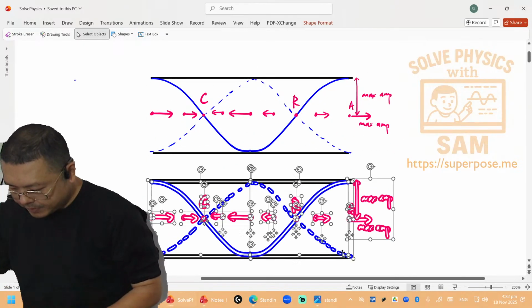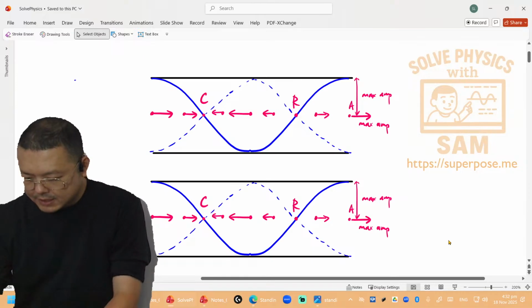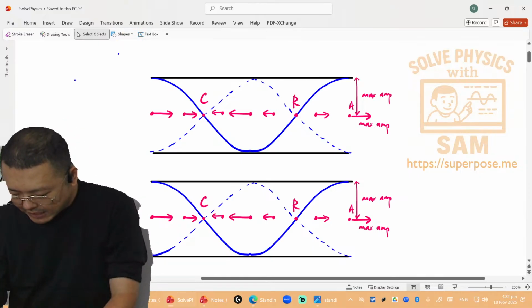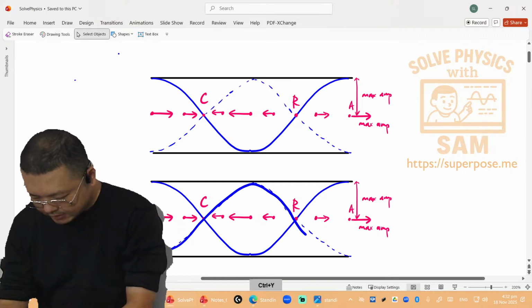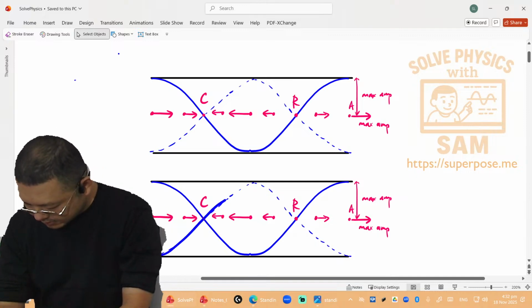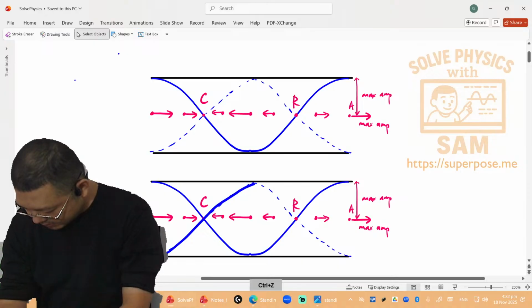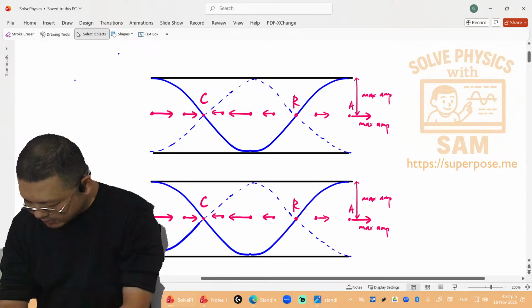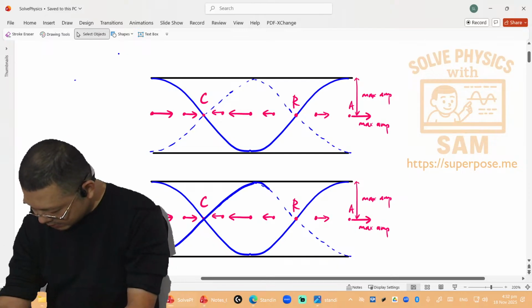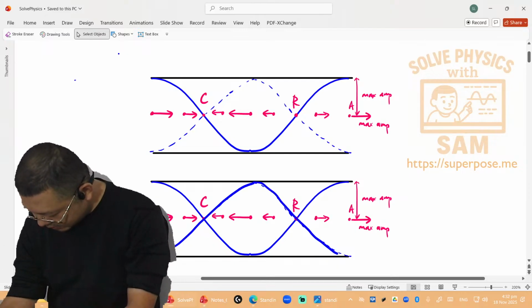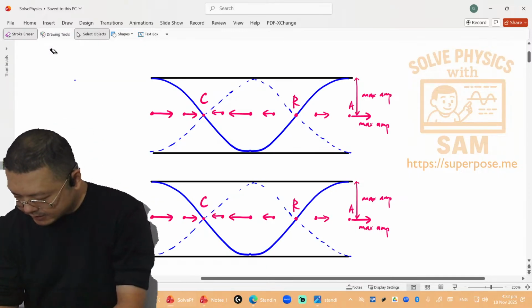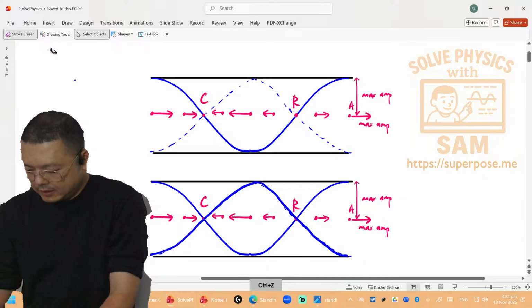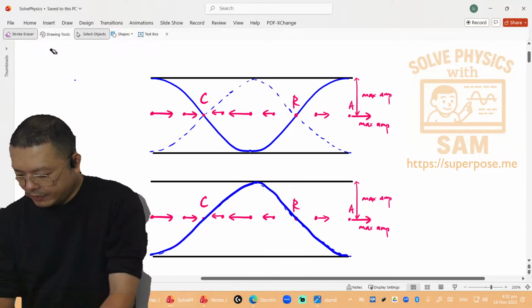Let me try this though. What happens if half a period later it goes like that? Half a period later, it becomes like this.